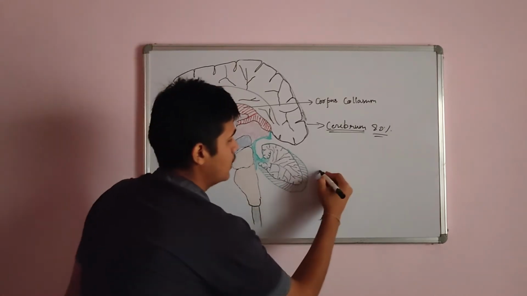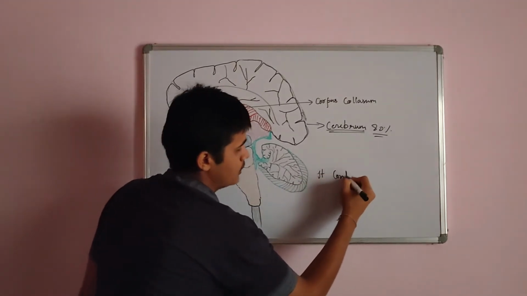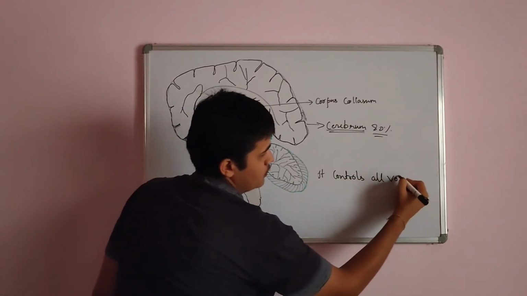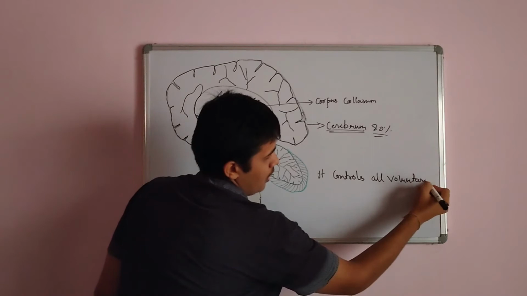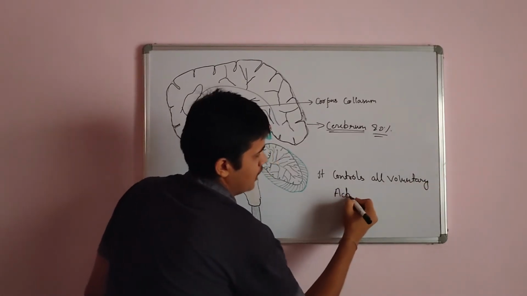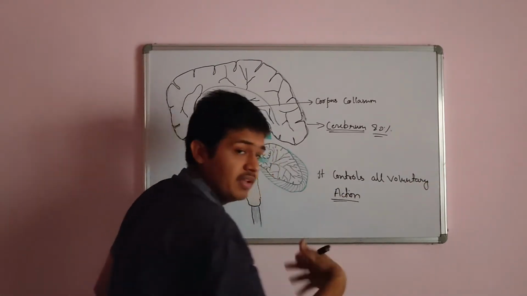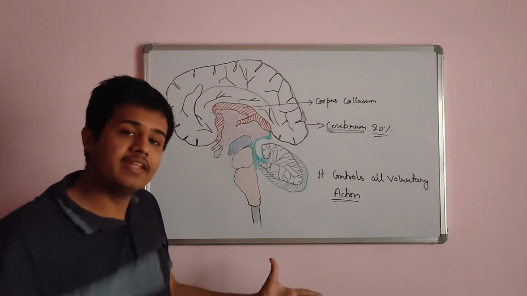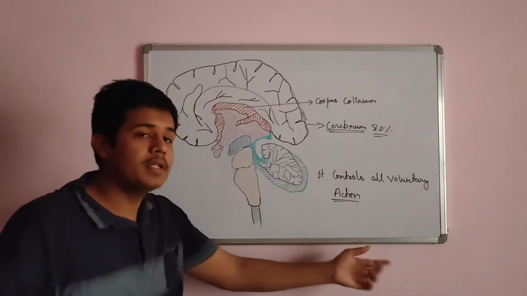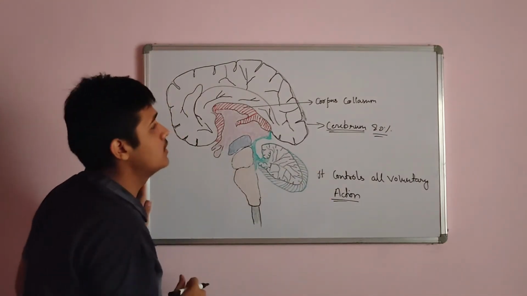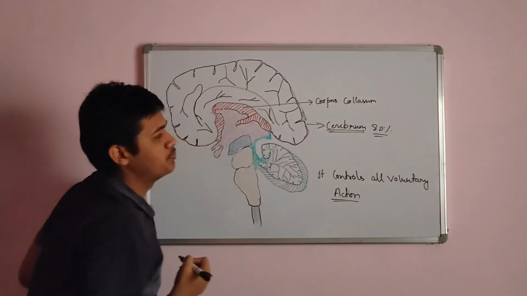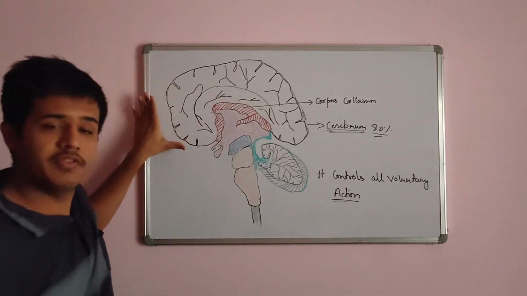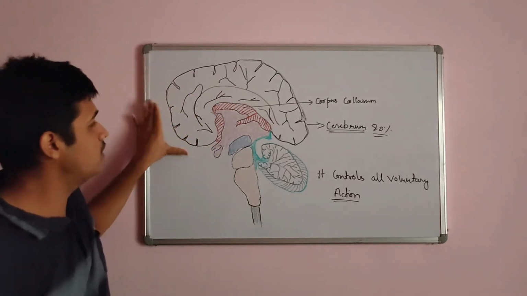It controls all voluntary actions, like learning, problem solving, imagination, creativity, vision and our movements. All these things are controlled by this cerebrum. This was the first part of the forebrain. We are done with cerebrum.